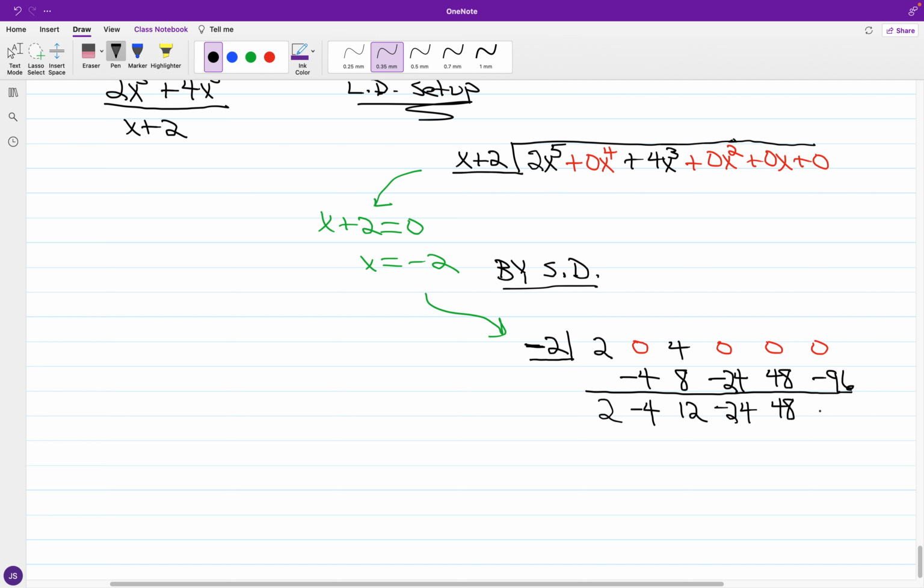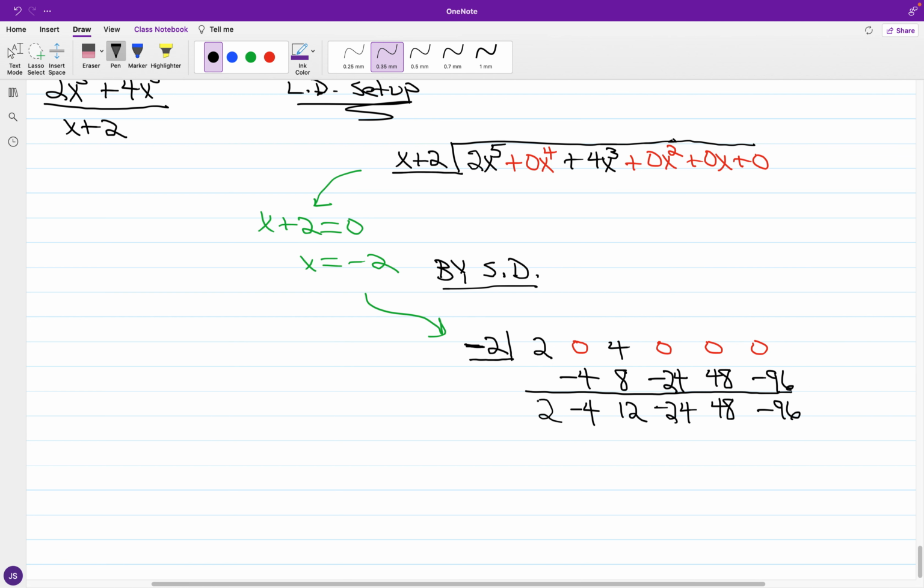And for the last column total, we have negative 96. Okay, so again, bring down the leading coefficient from the dividend and multiply by the negative 2. Negative 2 times 2, negative 2 times 4, times 12, and so on. And for the last column total, we have for the remainder negative 96.